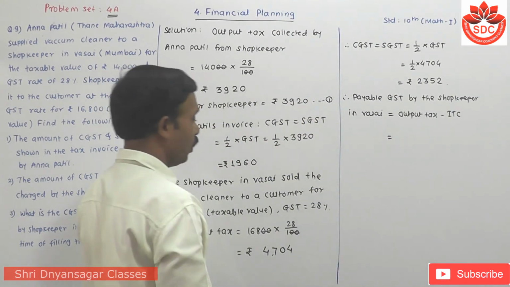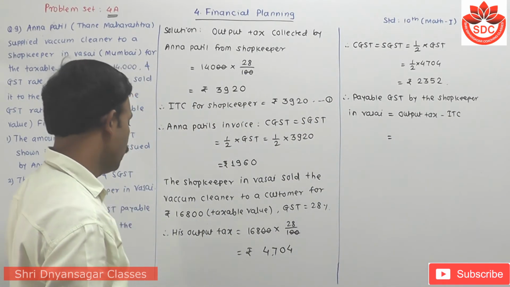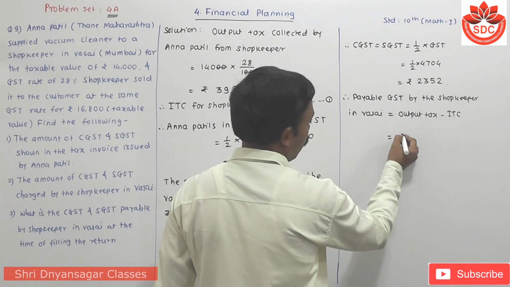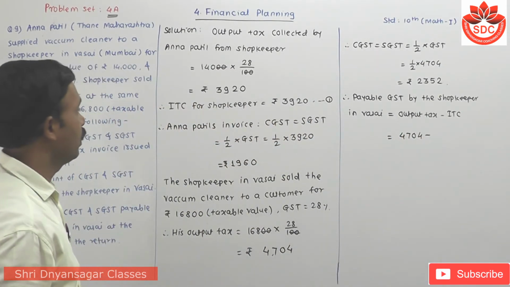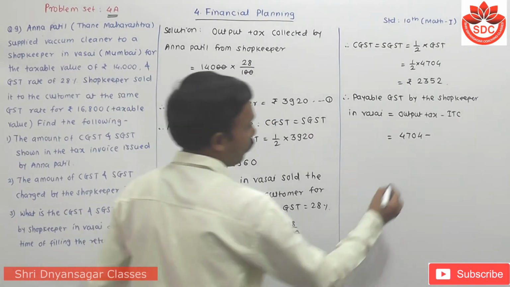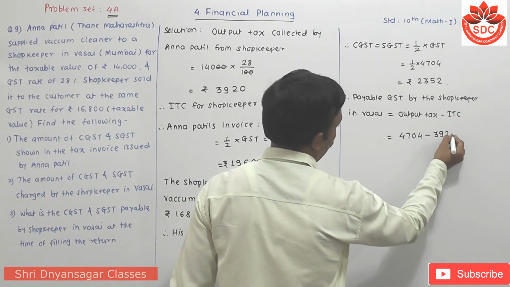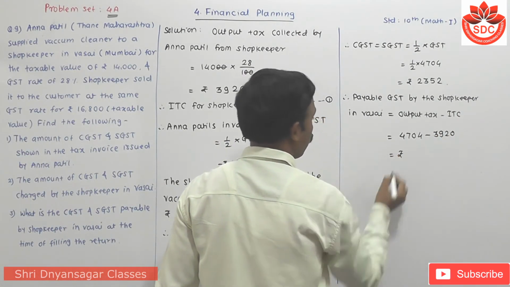This output tax is how much? 4704, minus here ITC is 3920. We have to subtract here rupees.